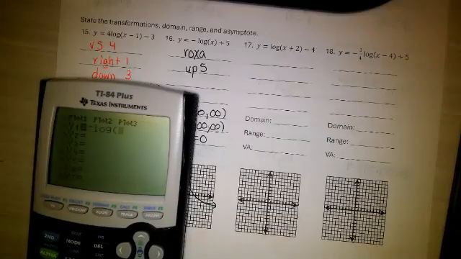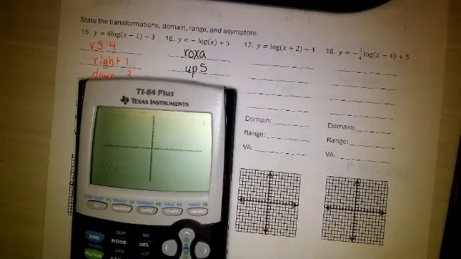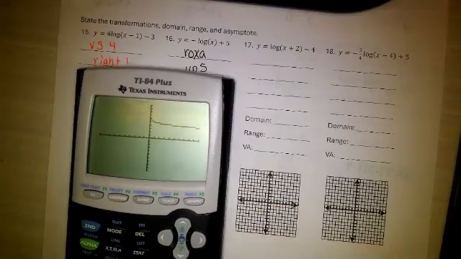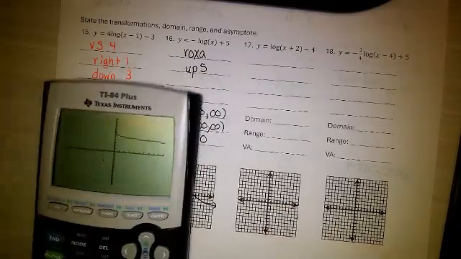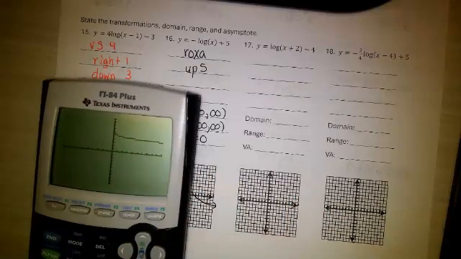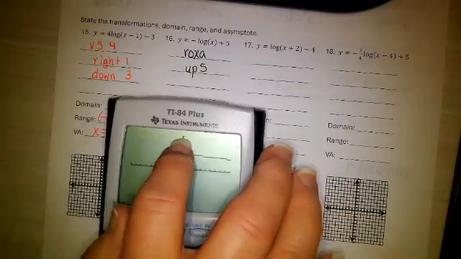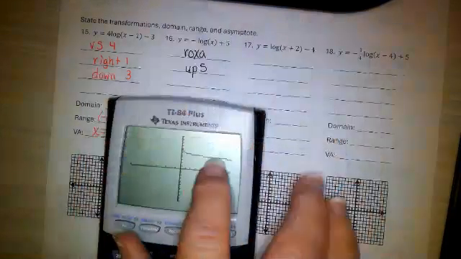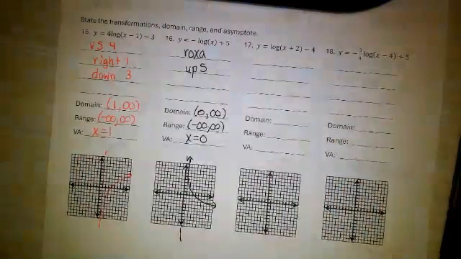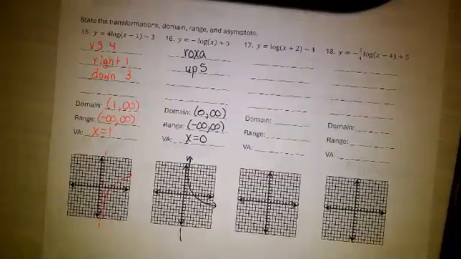Negative log x, you have to close that parentheses, plus 5. Can you see that? And graph it. Okay. This eventually does keep going down, down, down forever and ever. But my asymptote is, see how that looks like it stops? Keeps going towards infinity.